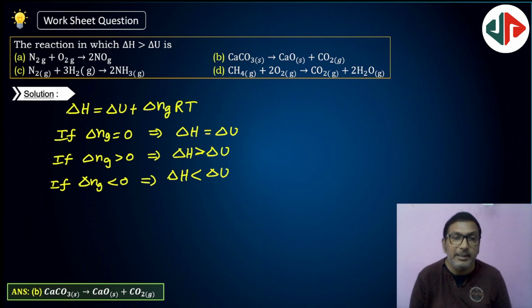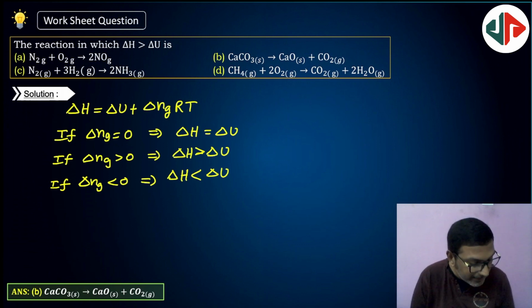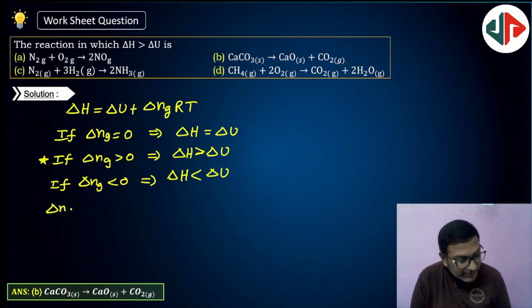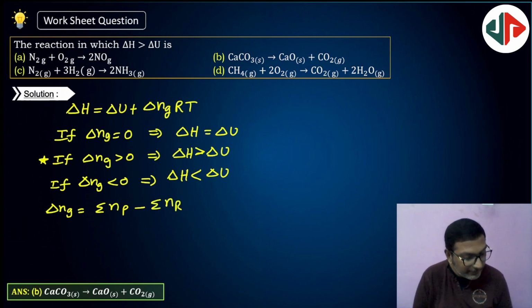So delta H greater than delta U means delta Ng must be greater than 0. This condition. So delta Ng is total number of moles of gaseous products minus total number of moles of gaseous reactants.